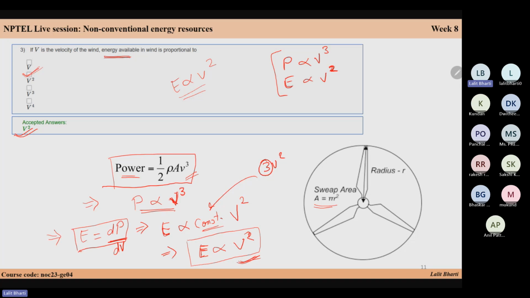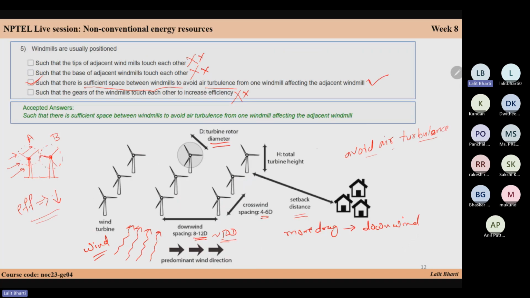Then this question is about the distance or positioning of different windmills. If this is your windmill direction, and let's say the wind direction is coming from here, in the direction of the wind this is called your downwind spacing, and the perpendicular one is called your crosswind spacing.